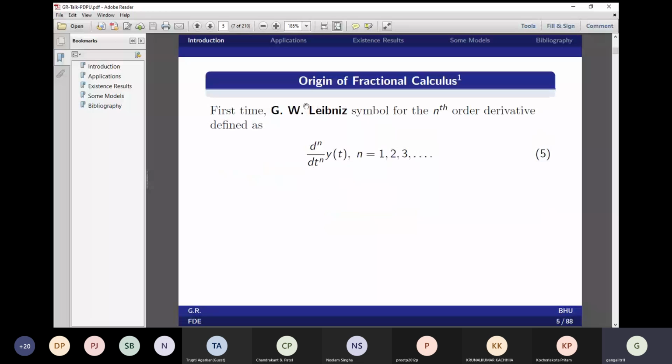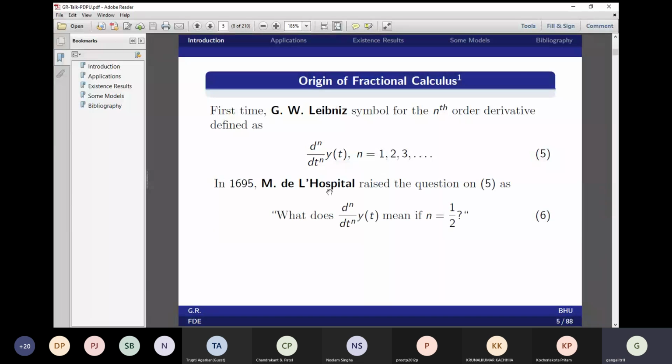So the origin of fractional calculus, as Professor Y Chen mentioned in his slide: the integer order derivative started in 1695 by using the nth order derivative of a function y, which everyone knows. But L'Hospital raised the question: what will be the value of this derivative, what happens when n is 1 by 2?